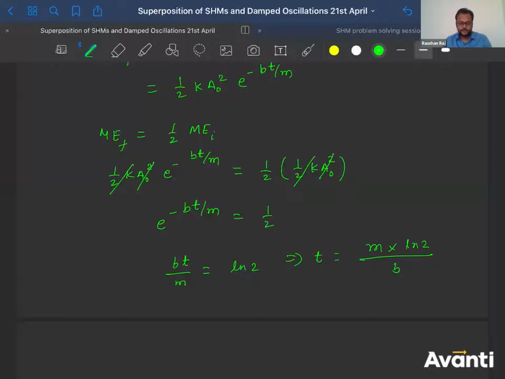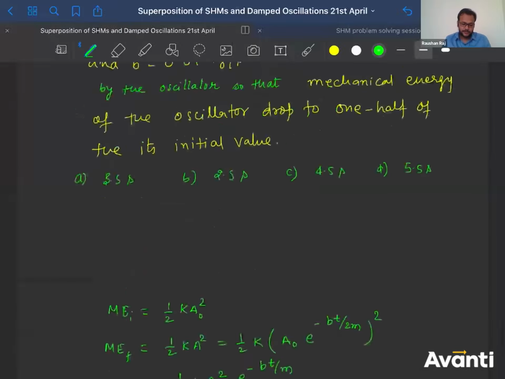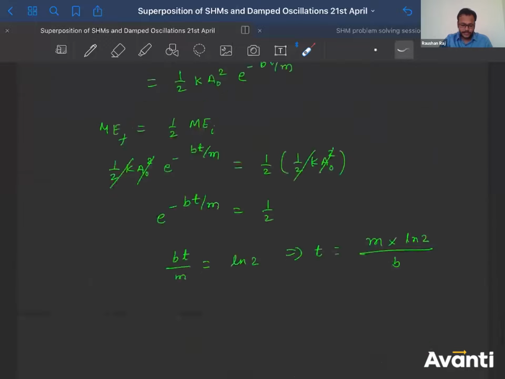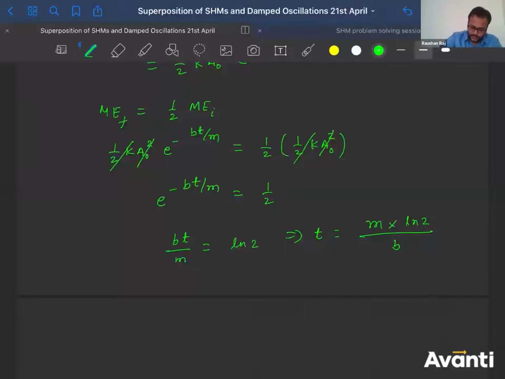Now put the values of m and b. What is the value of m? m is 250 gram, and what is the value of b? 0.07. So convert that mass into kg, so I'll get 0.25 kg. ln 2 is nothing but 0.69, divided by b, which is 0.07. These many seconds.